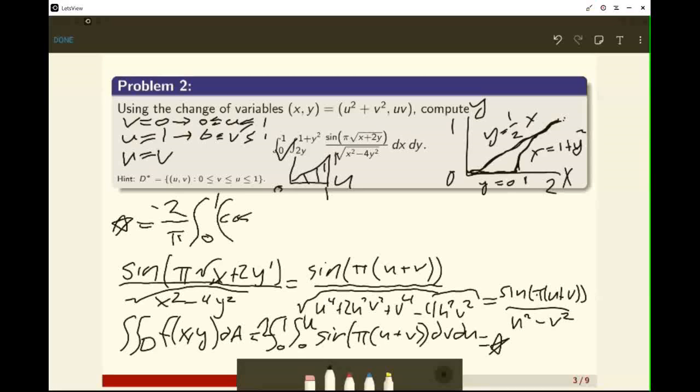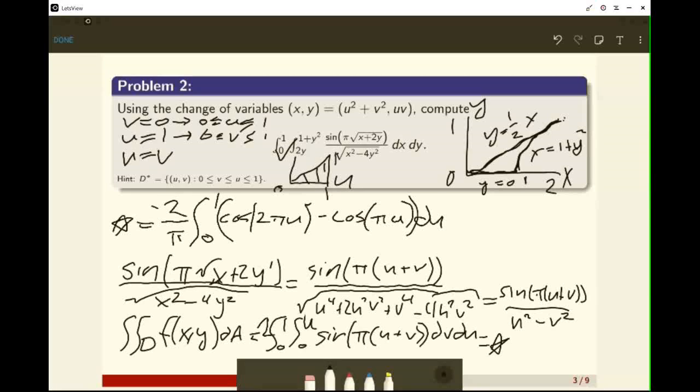And then we've got cosine. When we evaluate at u, we've got sine of pi u plus u, and so cosine of 2 pi u. And then minus when we evaluate at 0, we just get cosine of pi u du.